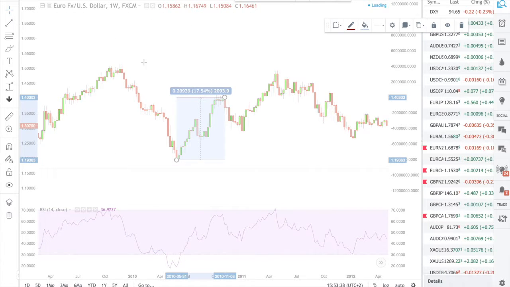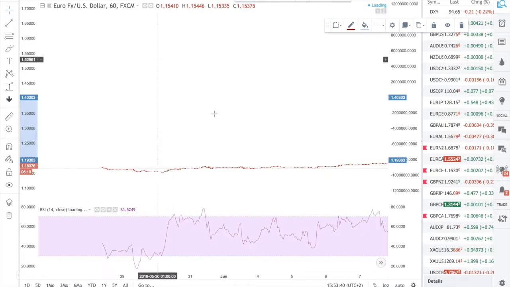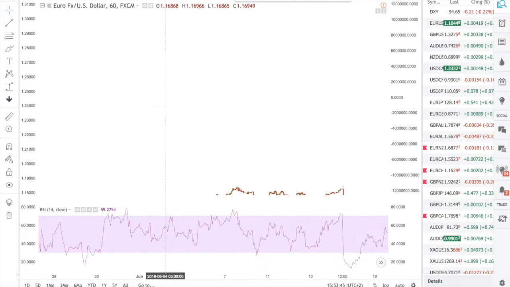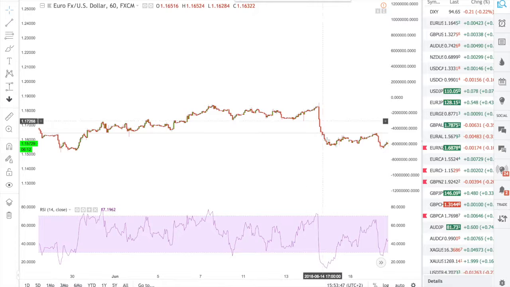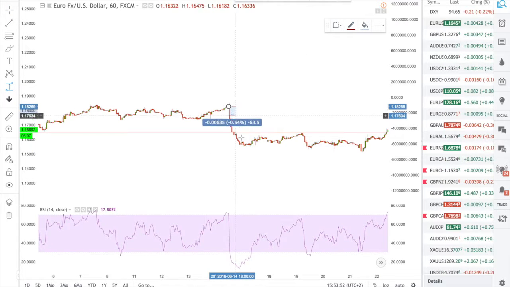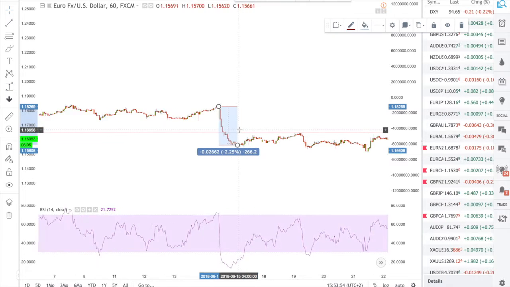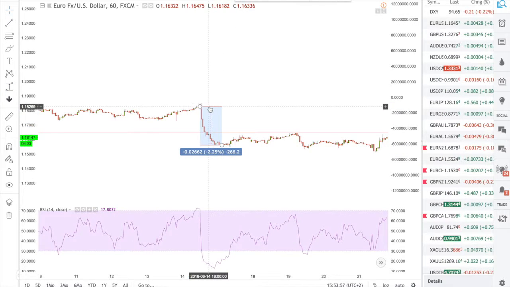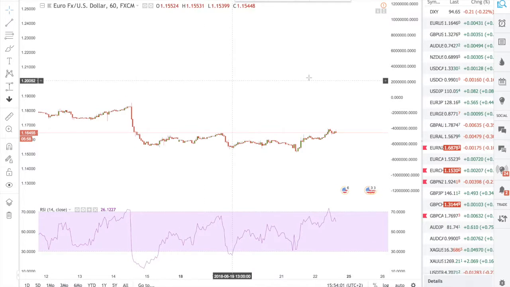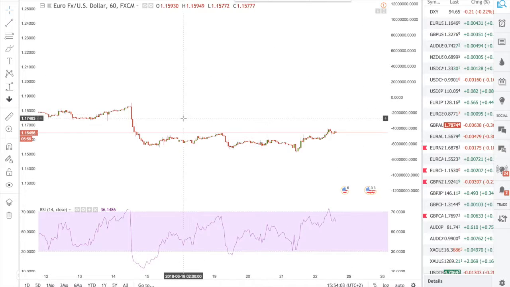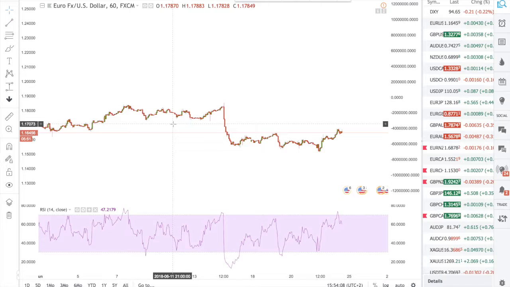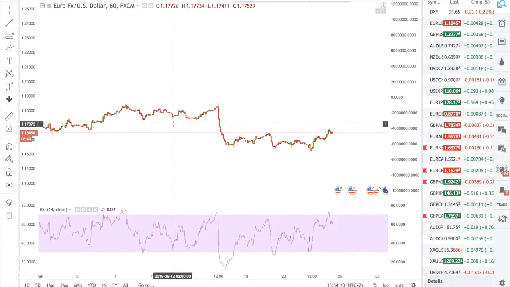If you want to go a little bit lower, not in the weekly chart, you make it bigger here again. This move from here to here is 266 pips. It's really cool, so you don't have to count any pips. This is how to start drawing things in and start to analyze.